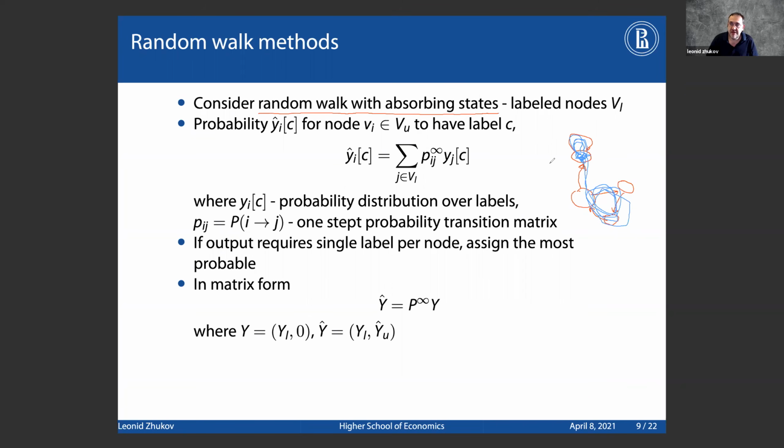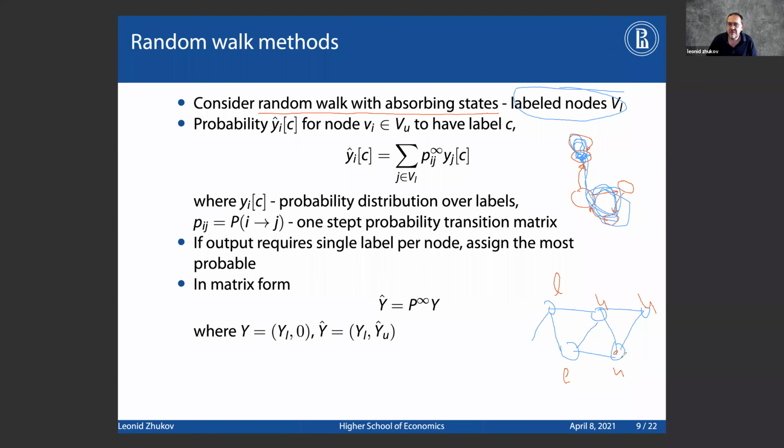The key of the method that we're going to consider is a random walk where labeled nodes will be absorbing states. If we have a graph and you can walk around it, some nodes are labeled and some are unlabeled.